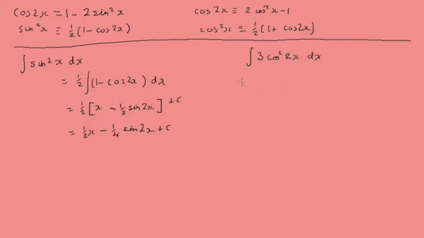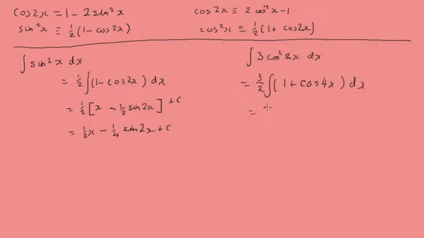We will take the 3 over 2 out, and we will have 1 plus cos, now cos squared x is a half (1 plus cos 2x), but we've got a 2x in here already, so this is going to become cos 4x, because of the 2 times the 2, dx.